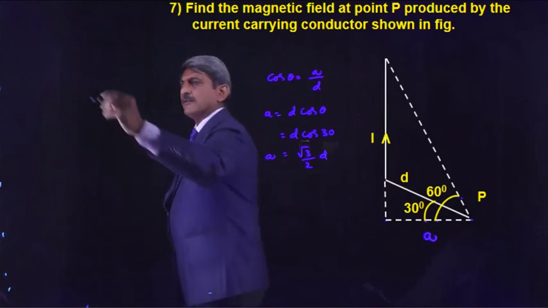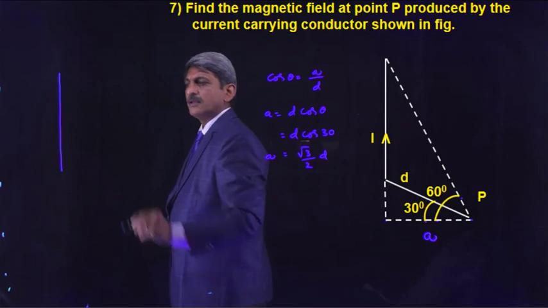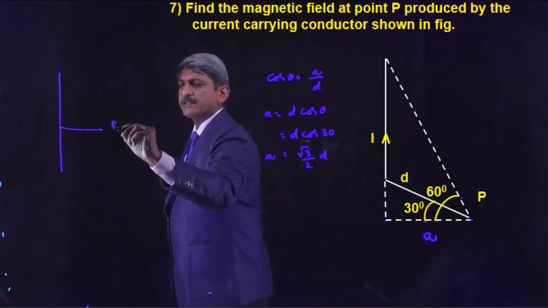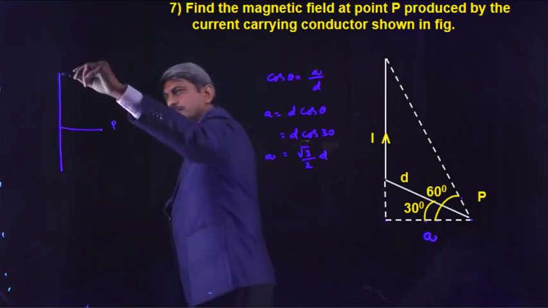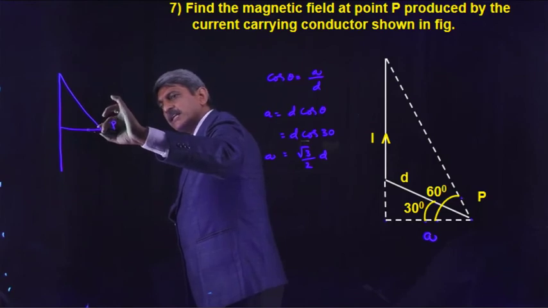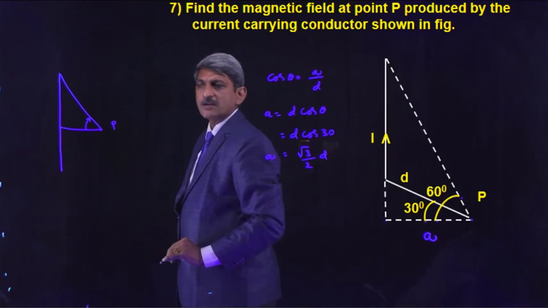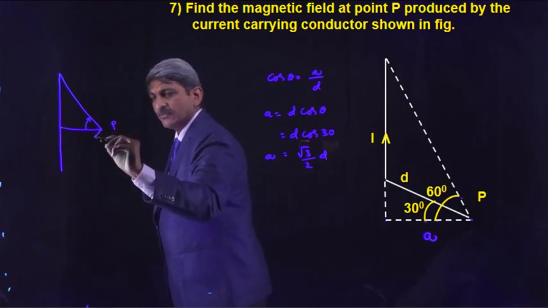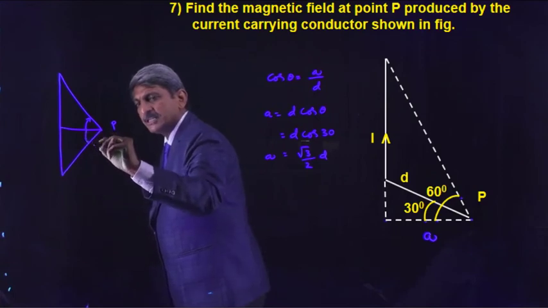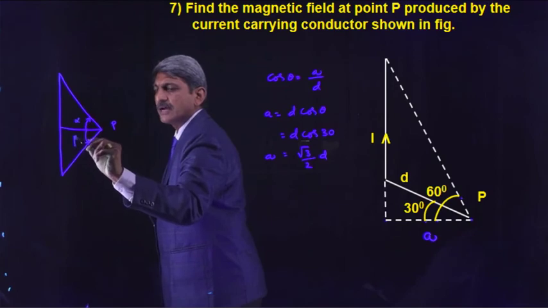Generally, whenever there is a finite wire, suppose at this point P we want to determine the magnetic induction value. This is the elevated angle made by the top end, which is measured in the clockwise direction, whereas the elevated angle of the bottom point is measured in the anti-clockwise direction, and this is taken as alpha and this is taken as beta.